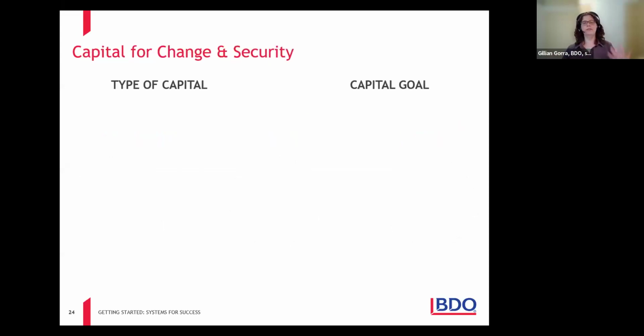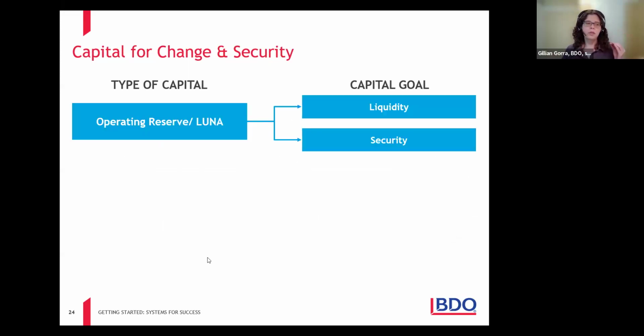Why do we need reserves? Well, this may be obvious to everybody, but I just want to point out a couple of concepts around reserves and building up our capital. The first is our operating reserve. That's our LUNA, right? This is really about security. Again, it's this runway to solve problems in our organization.